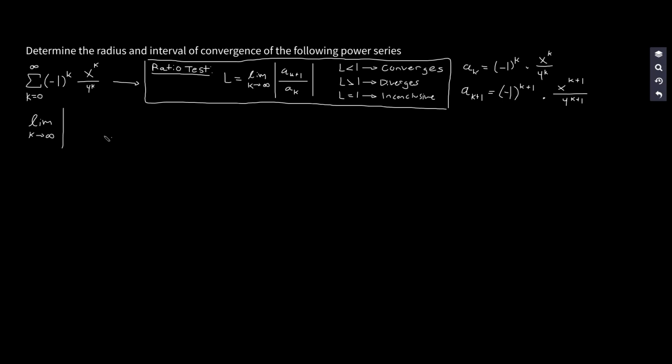I'll try to squeeze it in there. -1 raised to the power of k plus 1 times x raised to the power of k plus 1 over 4 raised to the power of k plus 1.